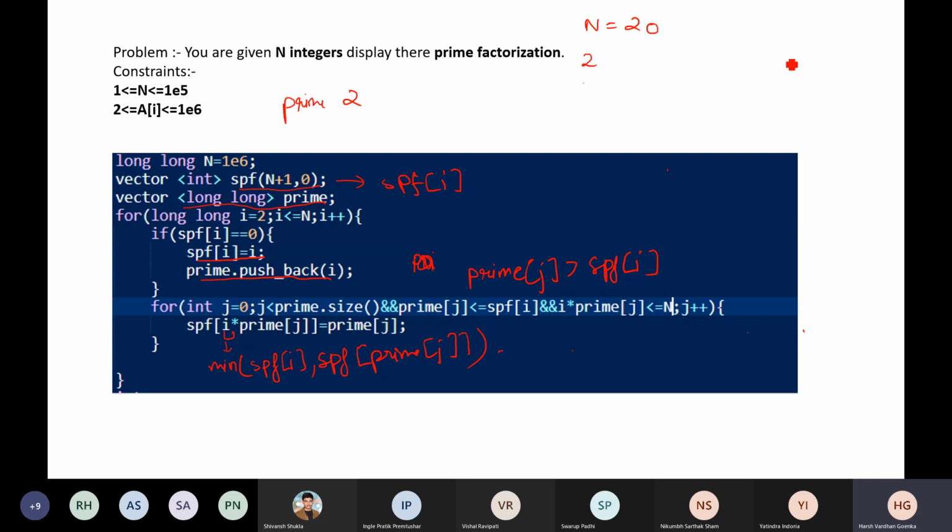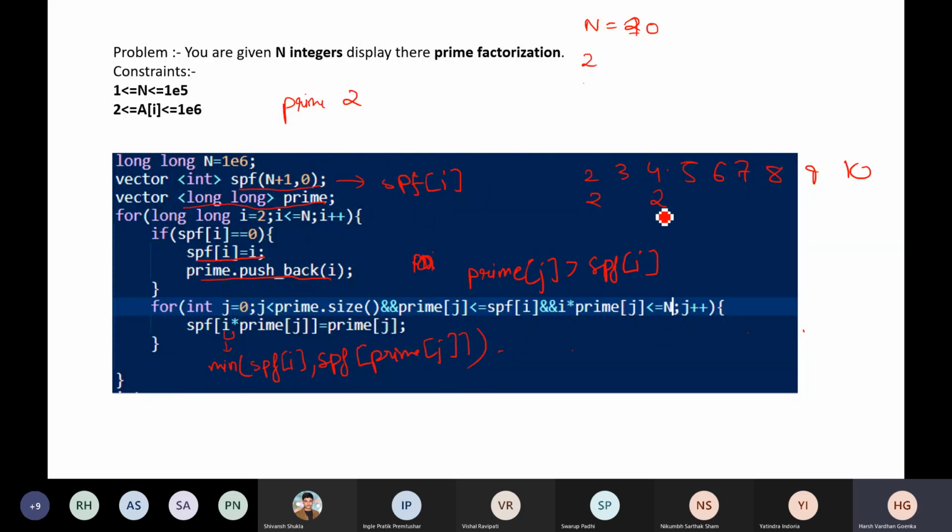Now let's keep it up to 10 only. For 2, I check prime of j is less than or equal to SPF of i, and i times prime of j is less than or equal to n, which is 10. It holds true, so I'll mark 4 as 2.